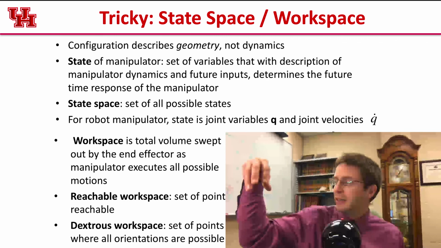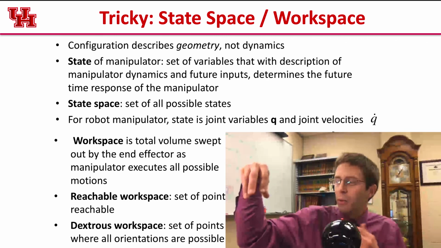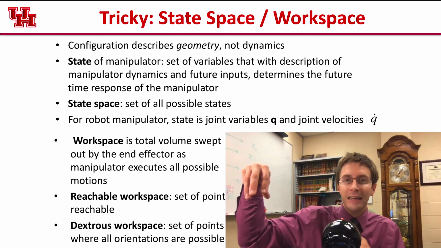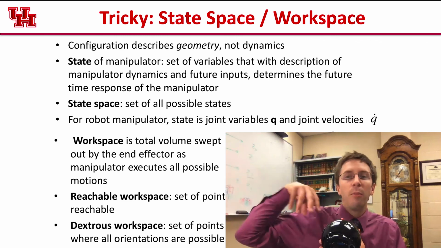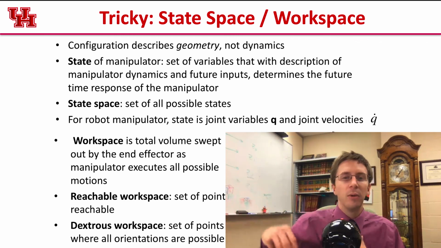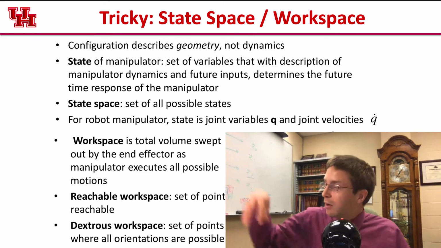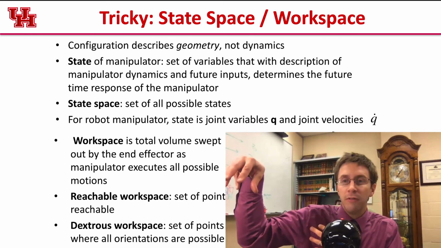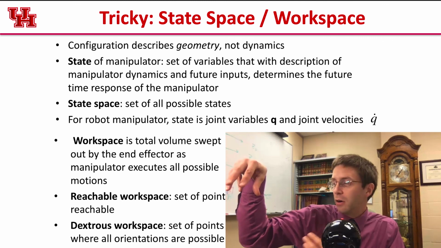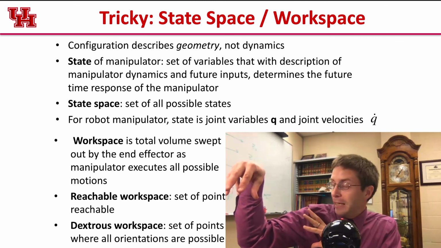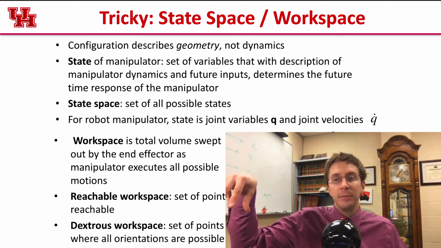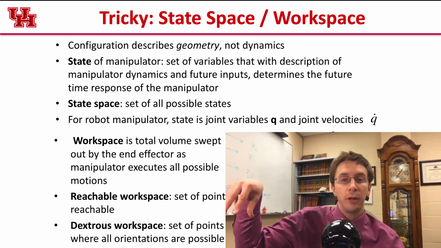The state is everything I need to know, so that if I know what your inputs to your robots are going to be for the future, where that robot will go. And so the state space in our class is going to be what are the positions of all the joint variables. So our angles and our prismatic depths, and then how fast are all those joints moving.